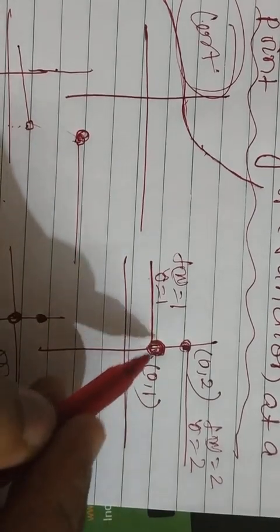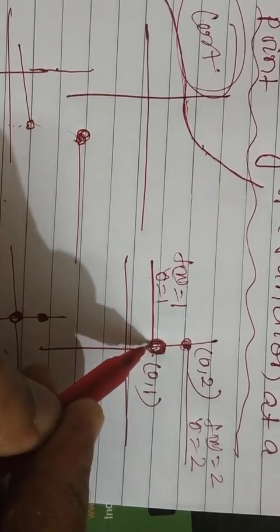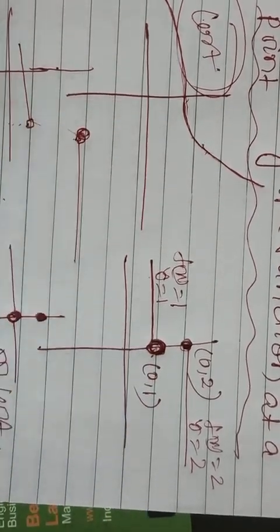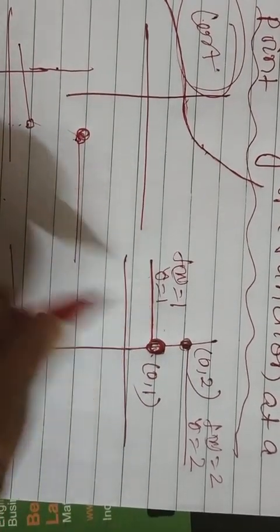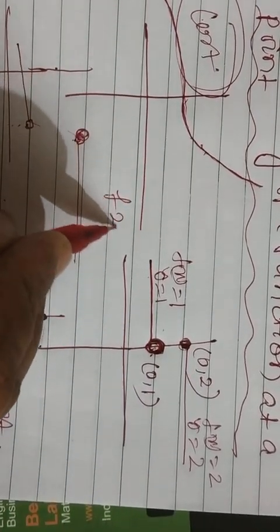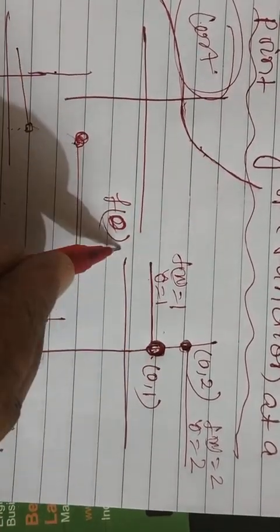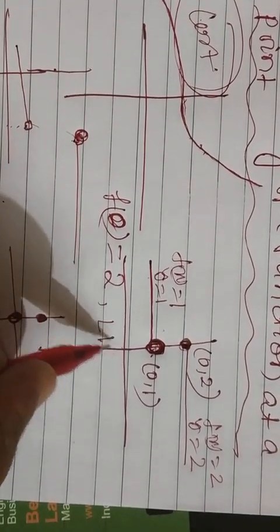But when x becomes 0, there is a gap, so the function jumps to 2. Means the value of f(x) in this situation I am discussing. What is f of 0? When x is 0, f(x) is 2. So f of 0 is 2. And what is the left hand limit?